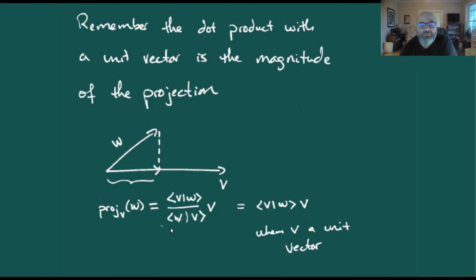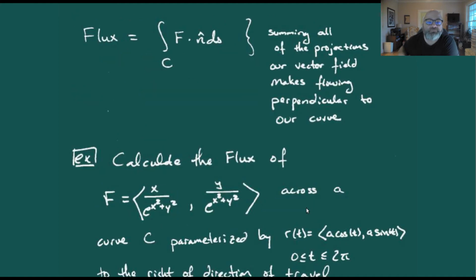When v happens to be a unit vector already, this denominator is 1, and so we just get the dot product in the direction of v itself. So what the integral does is perform a sum of all of those tiny projections at each point along the curve.